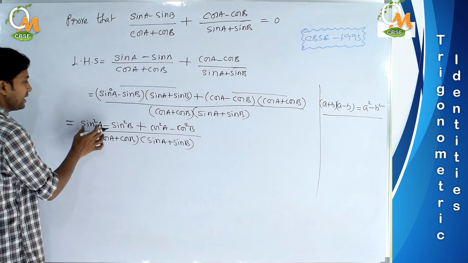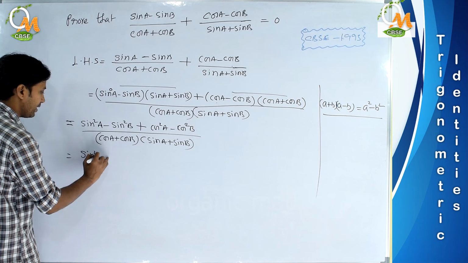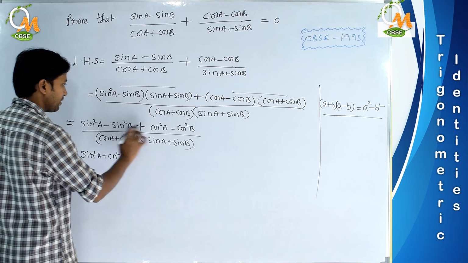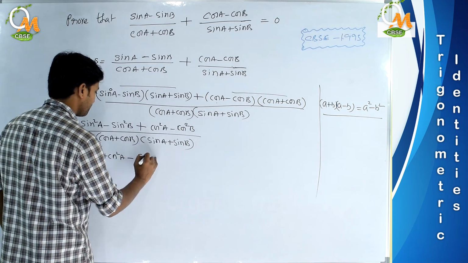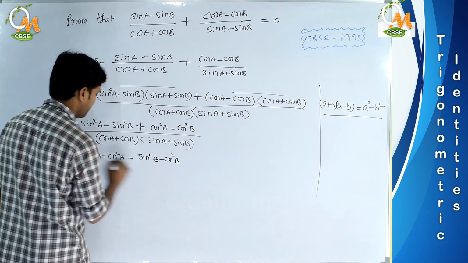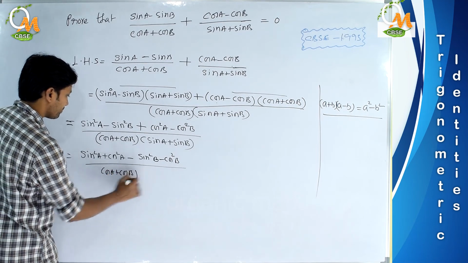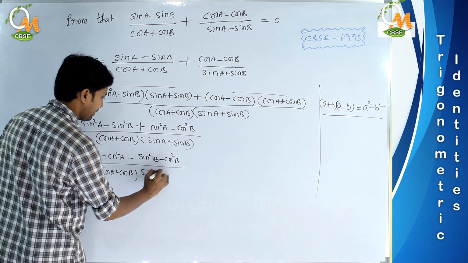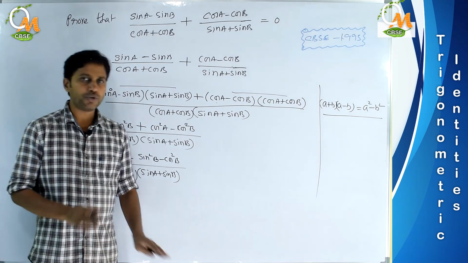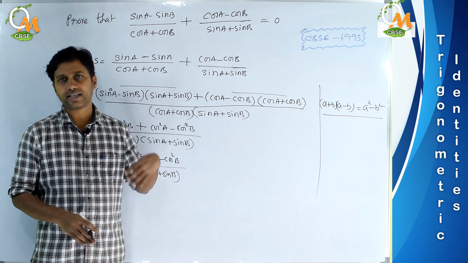Sin square A and cos square A both have plus symbols, so group them together: sin square A plus cos square A. Now minus sin square B minus cos square B, upon cos A plus cos B into sin A plus sin B. Don't touch the denominator part. We don't even need to touch that. Simply in the numerator part we can get it solved.